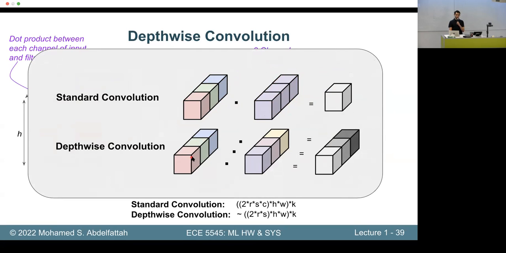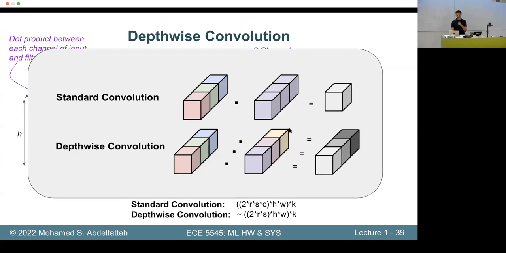here we are doing partial dot products. So we're doing a dot product between this red piece and this purple piece, and then we're storing it in the output. And then we're repeating that for the next channel, storing it in the output, and so on. This depthwise convolution has become a very common block in almost all of the efficient state-of-the-art convolutional architectures for vision tasks, things like EfficientNet, MobileNet, and so on.